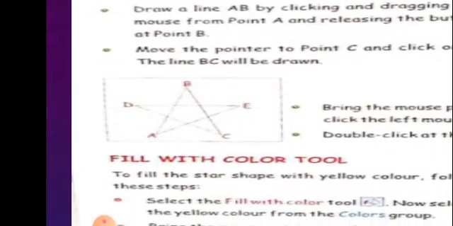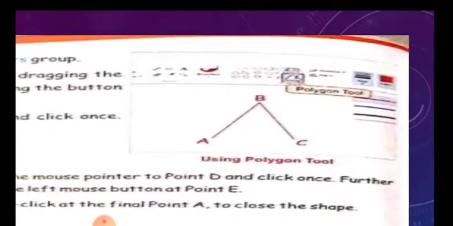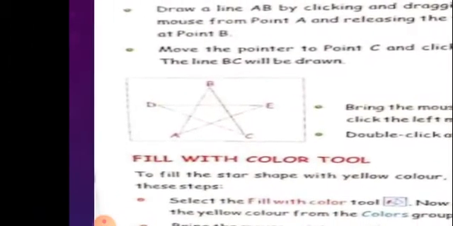Okay. First of all, select the polygon tool. Again, polygon tool you can find in shape group. Okay. Select the thickness, and how will you select the thickness? You will select the thickness by clicking on the size button.